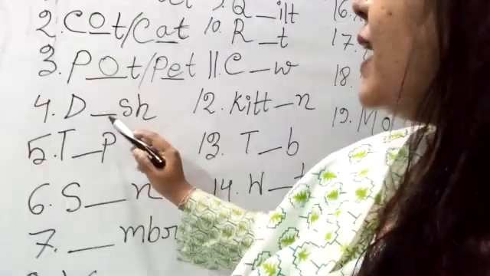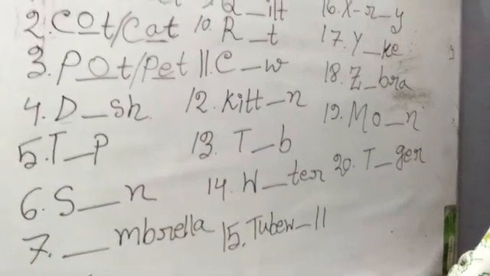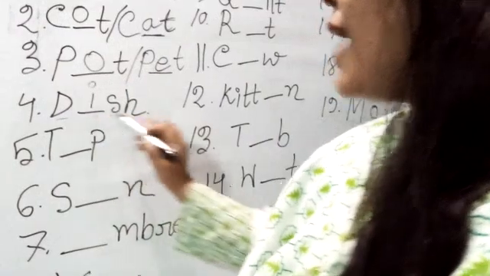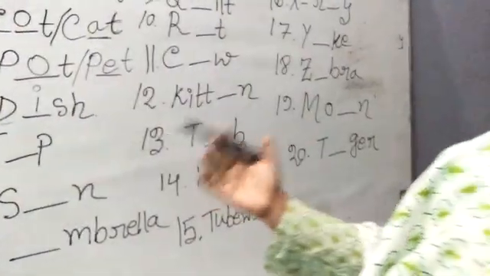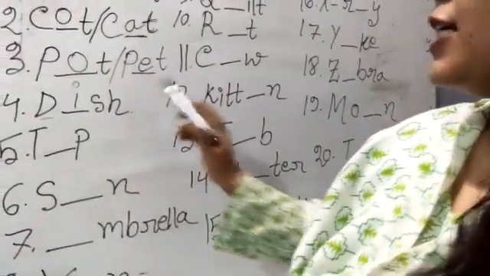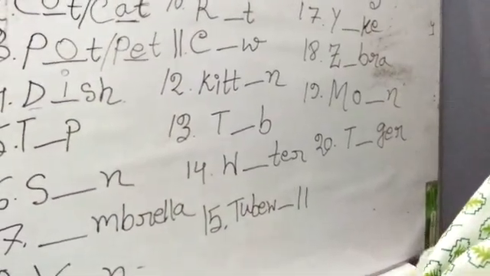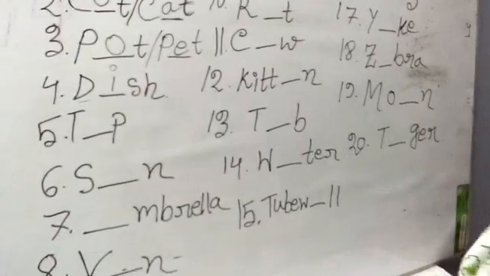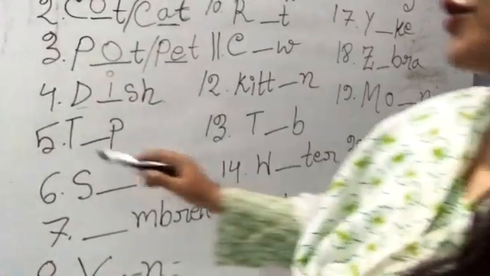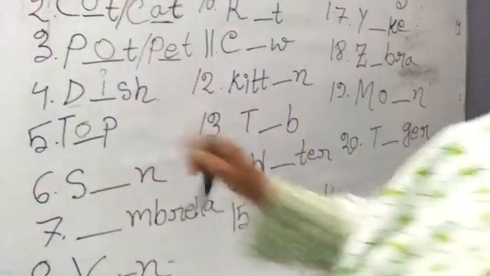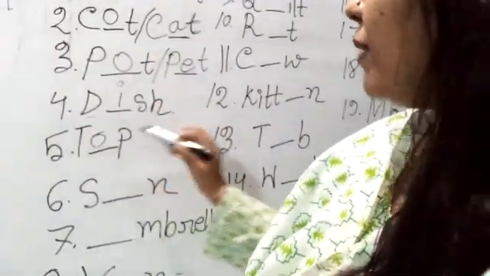Then D dash S H, what does it look like? Do, no. De, no. But if I put I, that makes a new word, and that is dish. What is a dish? A dish is a flat thing that is basically used for serving food. Then S T dash P, top. Do you know what top is? Yes, it is a kind of game tool.